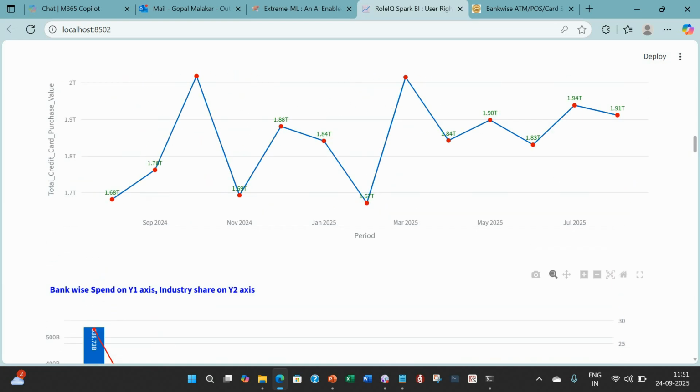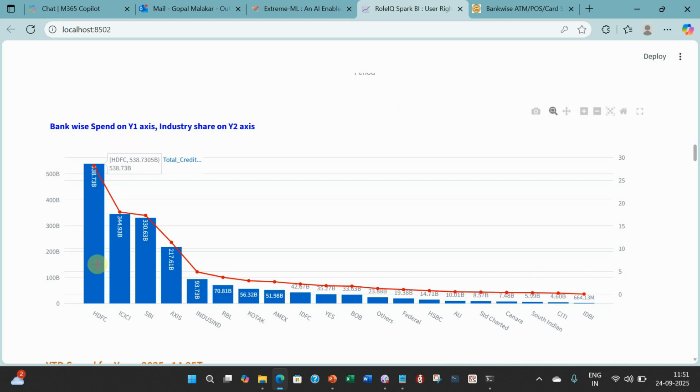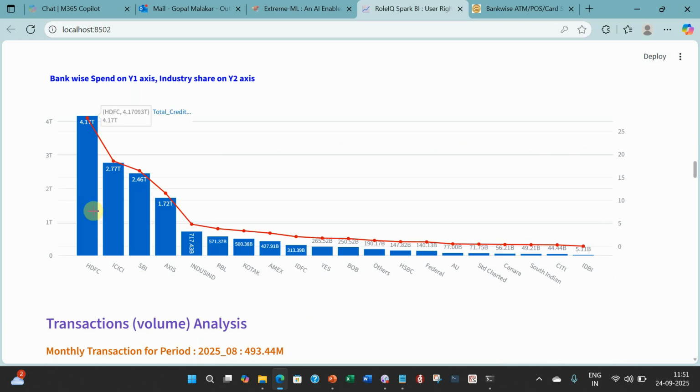The industry spend of 1 month is 1.91 trillion. So essentially HDFC, if you look at YTD, has done 3 times the industry's monthly spend, because of roughly 28% of the market share. Followed by ICICI, SBI, Axis, and others. And again, you can see others are contributing just 1.27%, so whatever is left from here is minuscule.